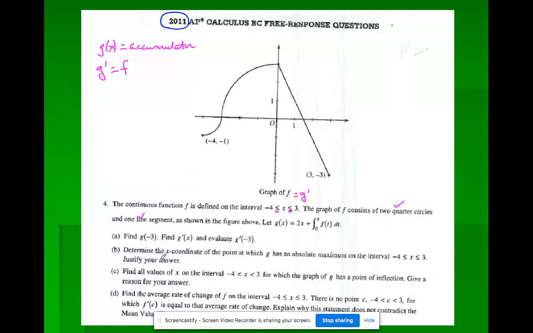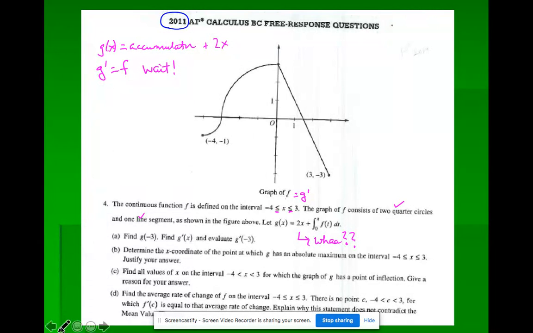But look at that accumulator function. It's not just an accumulator. So wait a second. If g of x is not just an accumulator, it's an accumulator and 2x, g prime isn't just f, right? Can you see where I'm going with this?